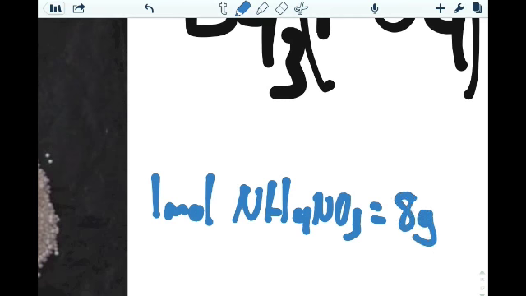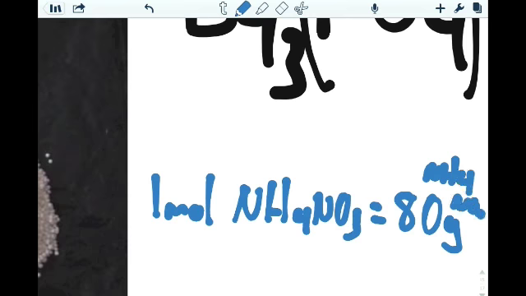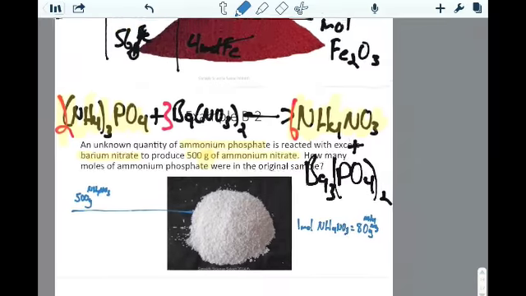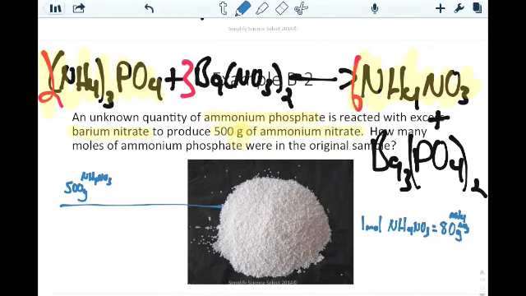Oh, not 8 grams, but 80 grams of NH4NO3. Okay, the other thing that we always need is our mole ratio. So what's our mole ratio between these two? It is a 2 to 6.